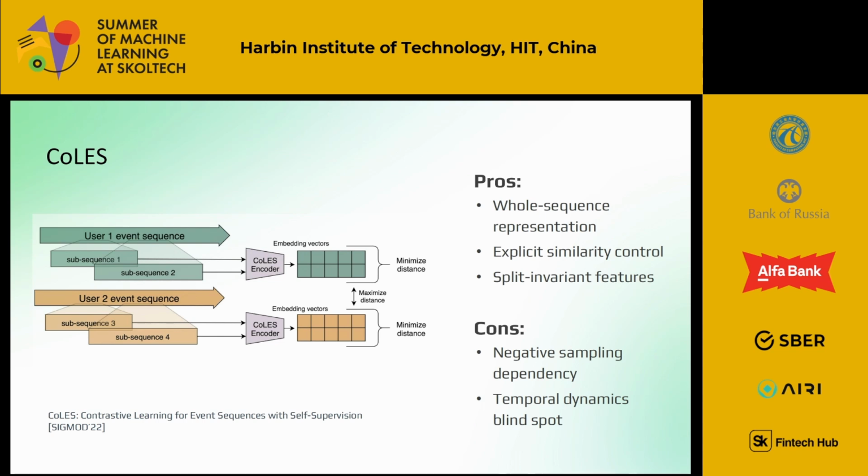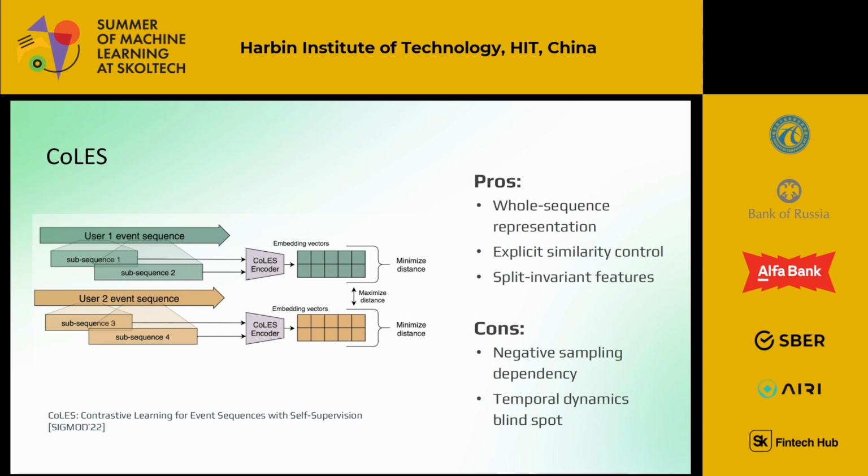During this learning, we should describe which examples are non-similar. These are negative samples. Usually we use samples from different clients, but it can be a very simple task, because clients usually have different behavior, and their embeddings are not similar at the start of learning.